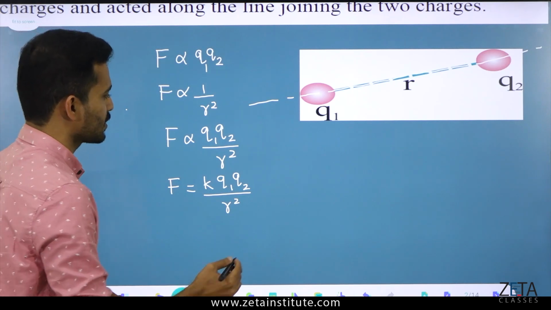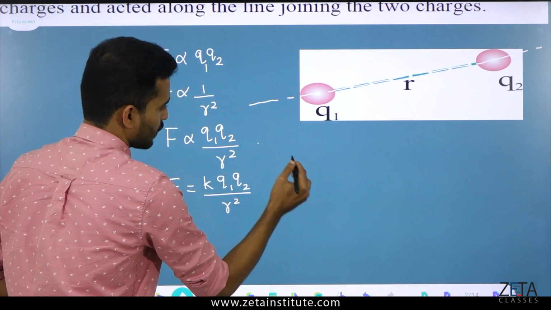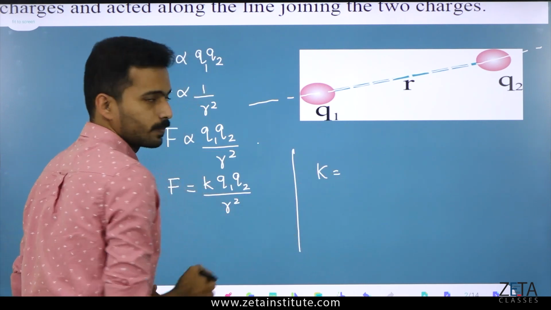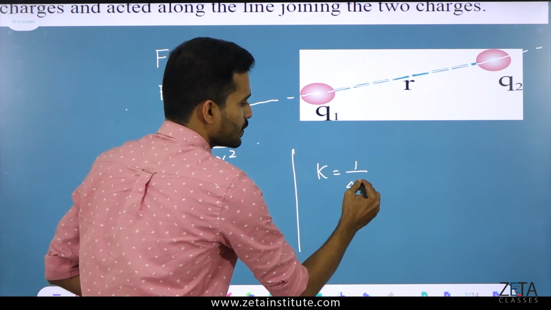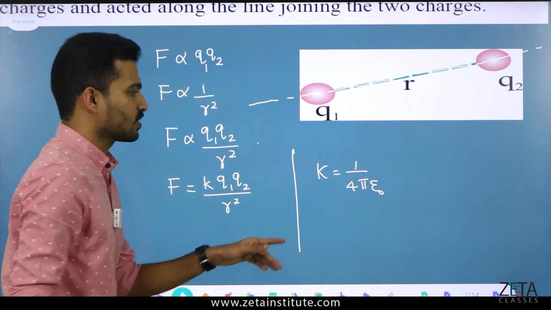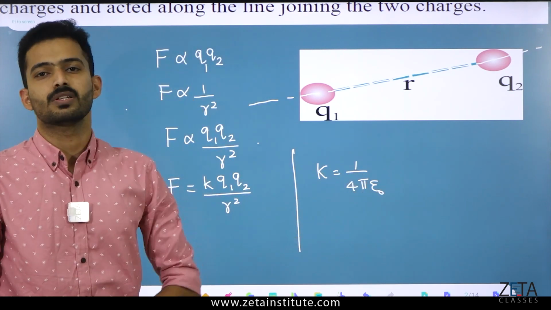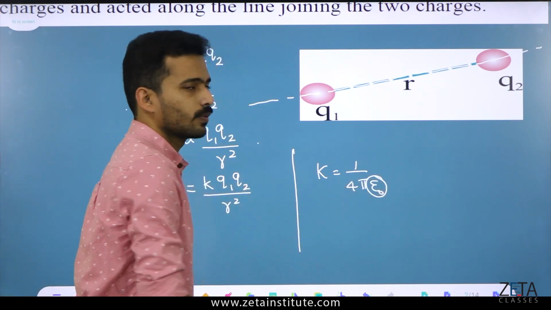So which is that constant? That constant can be taken as K is equal to 1 by 4 pi epsilon 0. It's a new term, that is epsilon 0.